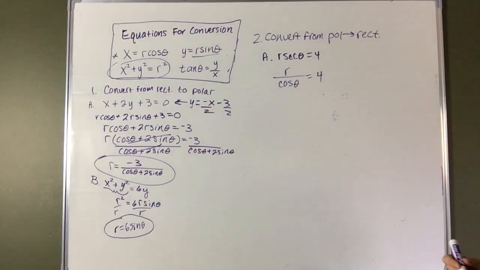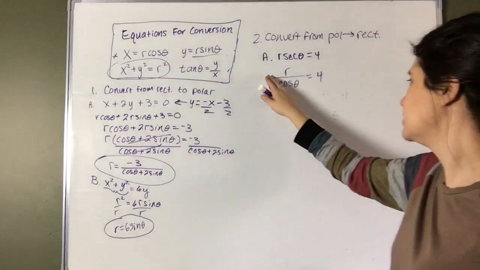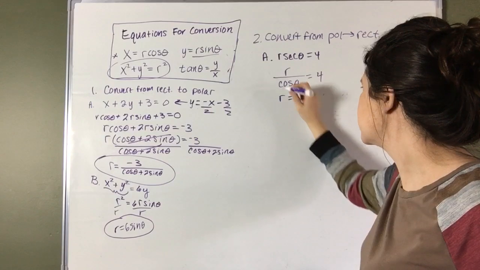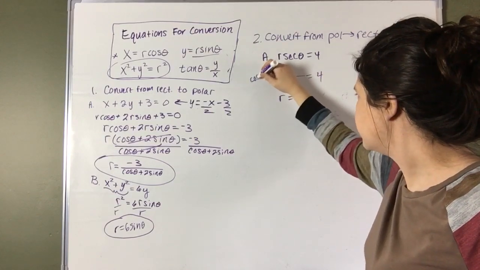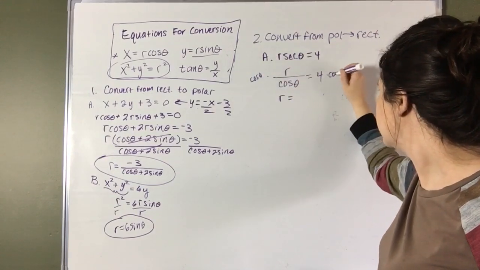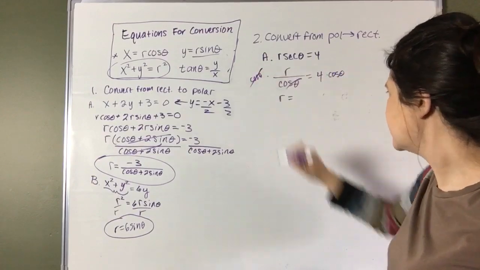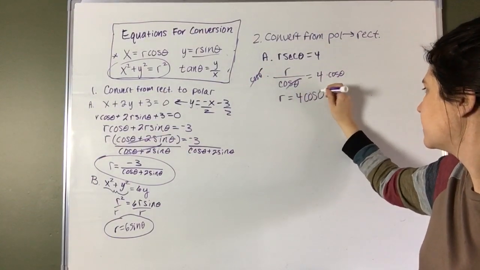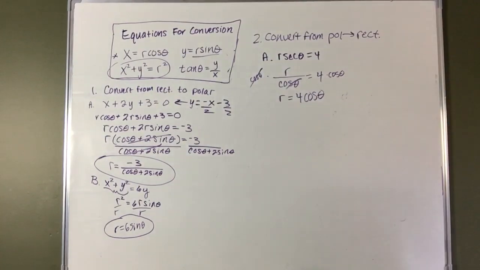Equals 4. And then you can multiply both sides by cosine to get rid of the fraction. So we get r equals, right, if we multiply by cosine over here, bam, those cancel out. So we get 4 cos theta. So we're getting closer to being able to use a formula.